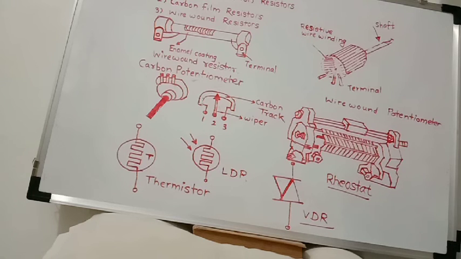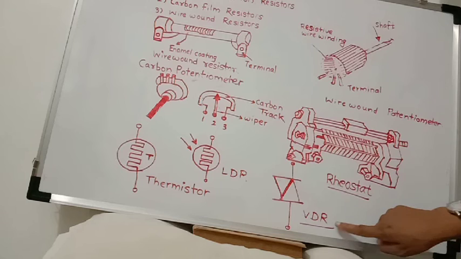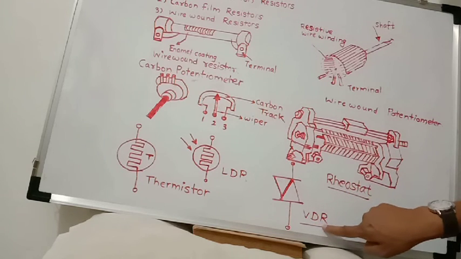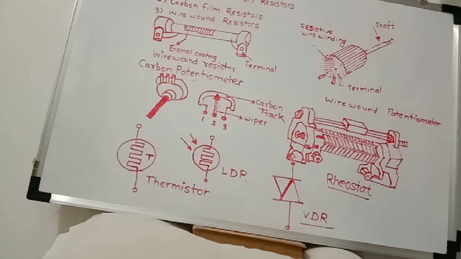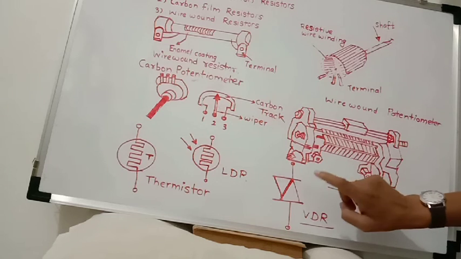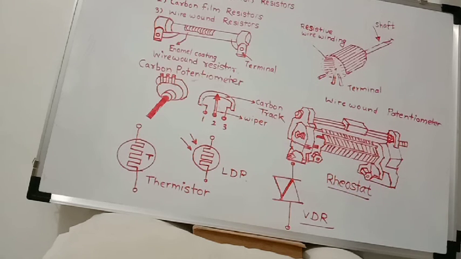There are two types of VDR: a silicon carbide VDR and a metal oxide VDR. VDR is also called a varistor.